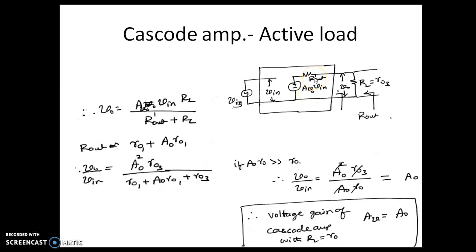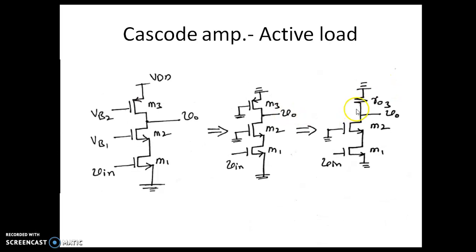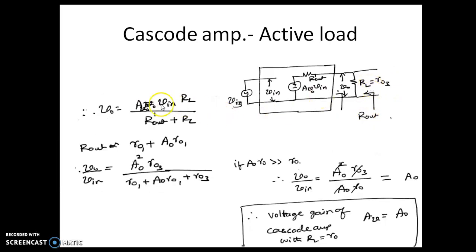Rout dash is the output resistance of the cascode amplifier, and RL in this case is R03. Now we can get an expression for output voltage, which is this voltage multiplied by RL divided by the sum of the resistances, that is Rout dash plus RL.